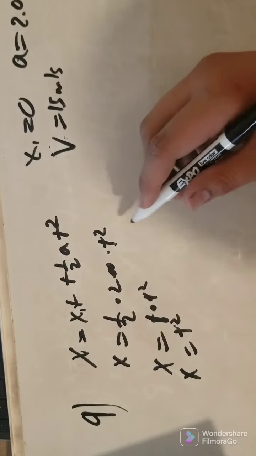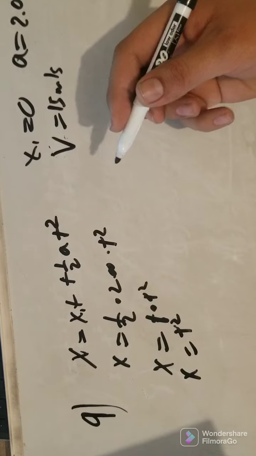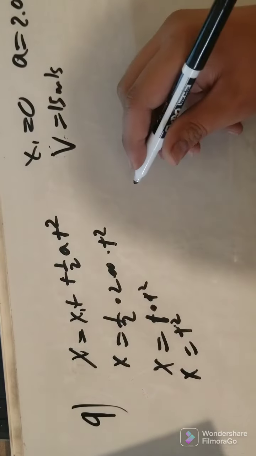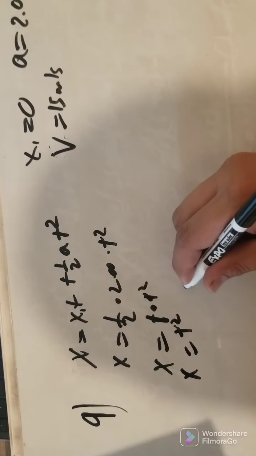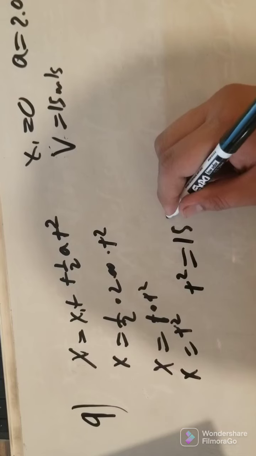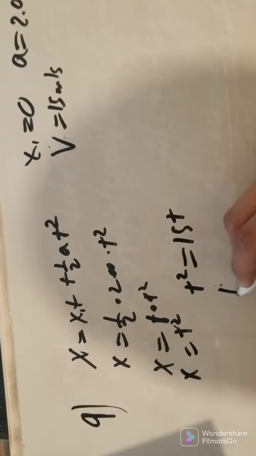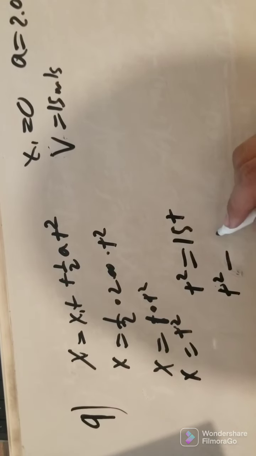And now that we know we have that correct, we're going to go to the truck, because we need to add up both of them. Since we already know the velocity, we're just going to plug that in: t squared is equal to 15t, so t squared minus 15t is equal to 0.